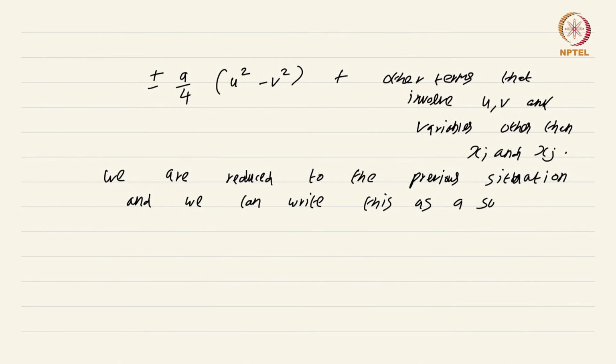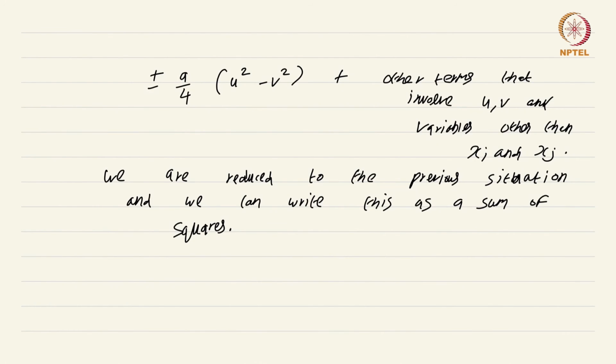Once you write this as a sum of squares, all you do is replace back u and v by their expressions in terms of xi and xj, and you are absolutely done. You have formally manipulated this and obtained the quadratic form as a sum of squares. I want you to ponder the last part of the proof. It's not that difficult, rather straightforward. You just have to understand what this substitution really means.